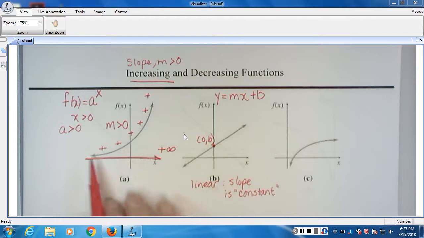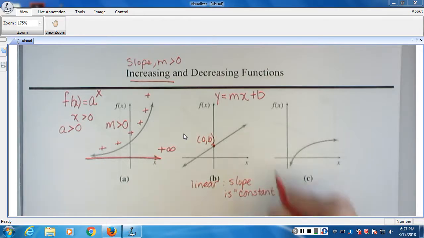So rather than the slope increasing as it goes up, in this case, it simply goes up, but it goes up always at the same rate. Its slope doesn't change as you move along your x-axis.